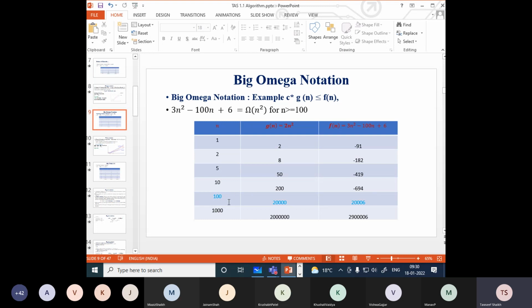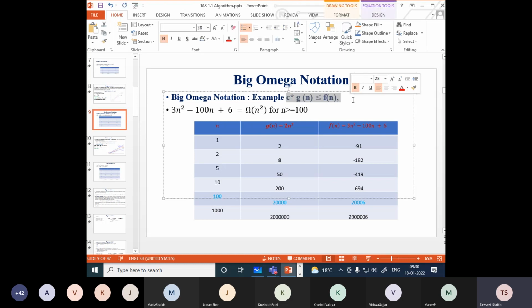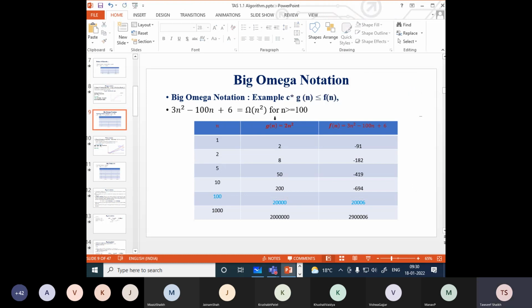And whenever you increase the value from 100 onwards, this condition will always be satisfied. So you can write that yes, 3n square minus 100n plus 6 is omega of n square when c is equal to 2 and n is greater than or equal to 100. Before that, it is not.